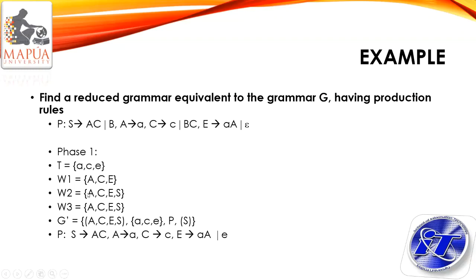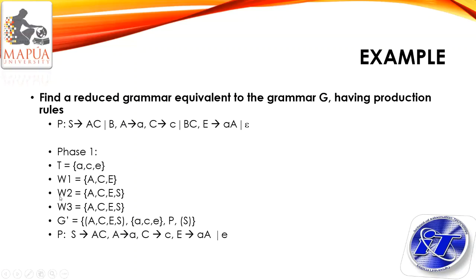A will be yielded by S. So therefore, it will be included in W2. C is yielded by S, so it's already included, and E, so we don't care. So there's no symbol that would yield E. So there's no additional aside from S.